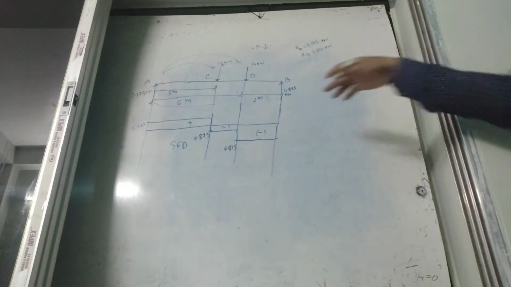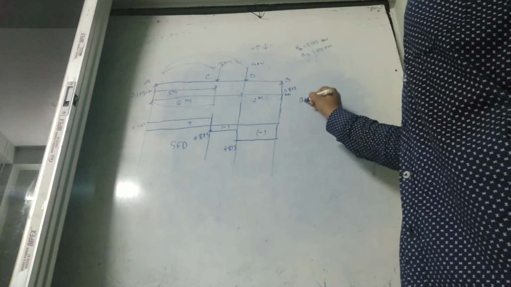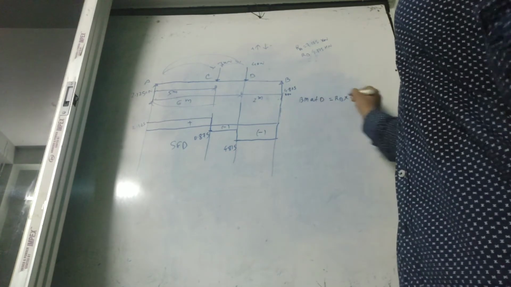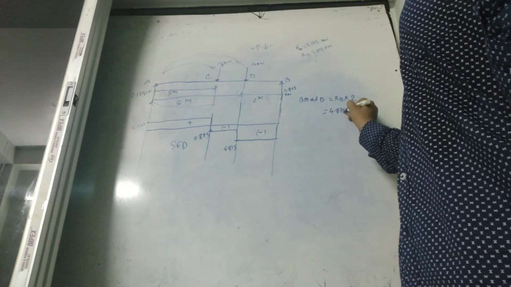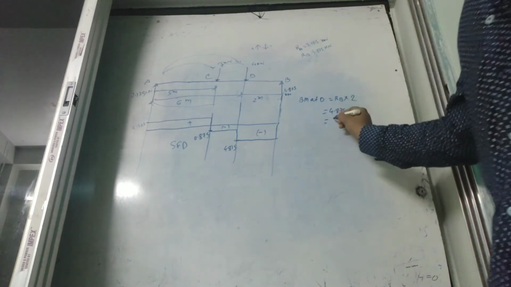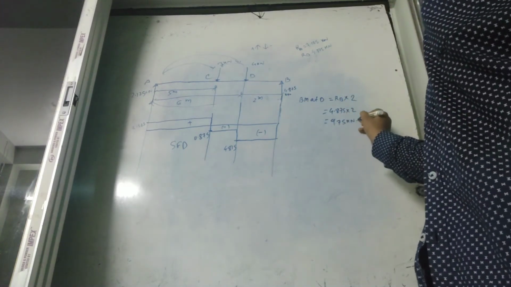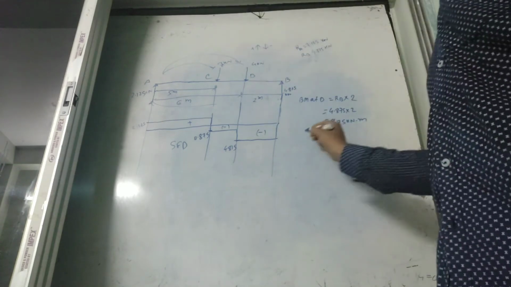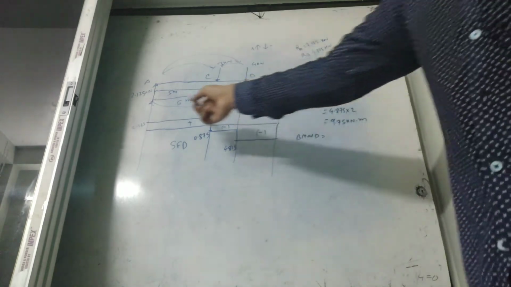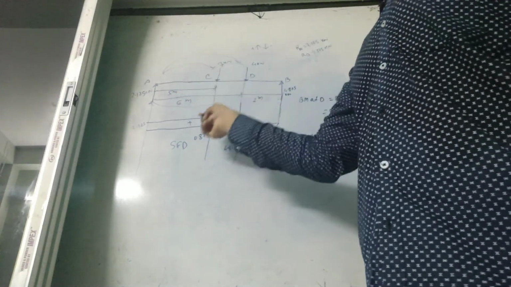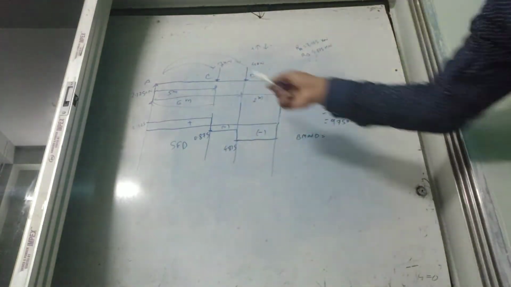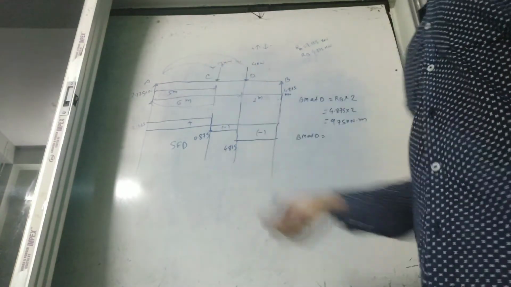Because in case of the right side there is only one force, BM at D is only one force, RB into distance 2 meter means 4.875 into 2 meter, 9.75 kilonewton meter. And if you go from the other side, BM at D, if we take the reference D point, then RA is acting as clockwise and the 3 kilonewton load is anti-clockwise.